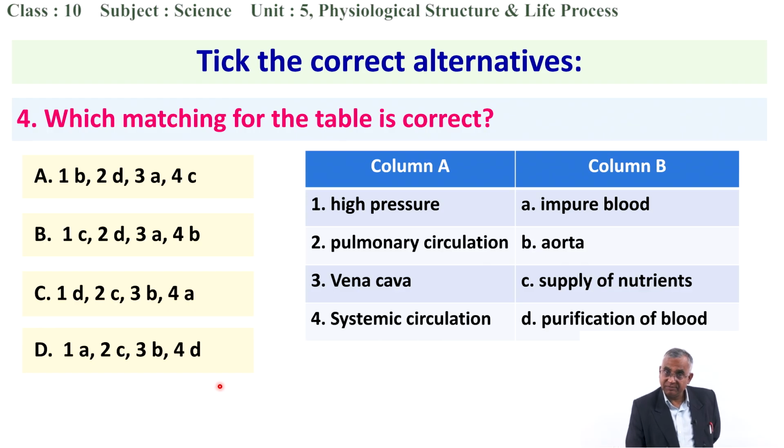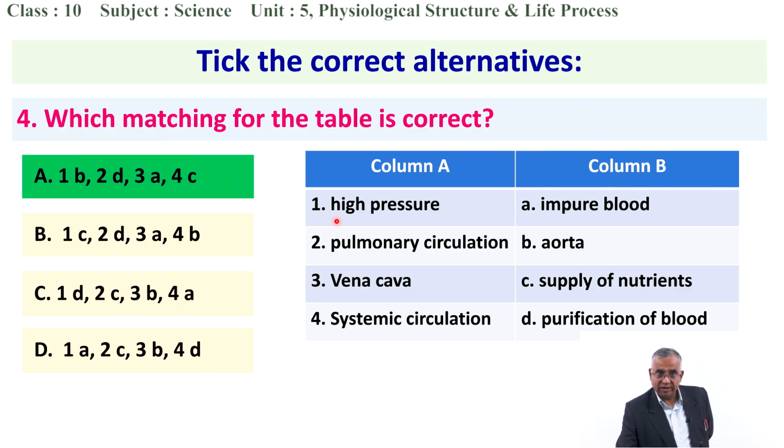You try it. Is your guess okay? A is correct. So 1 with B, high pressure in aorta. 2D, pulmonary circulation, purification of blood. 3A, vena cava, impure blood, and 4C, systemic circulation, supply of nutrients.